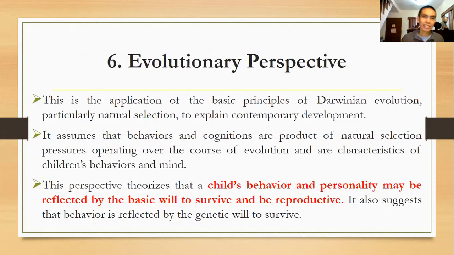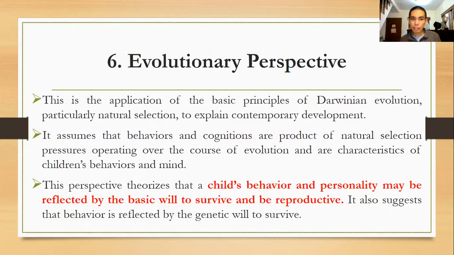And the sixth theory is the evolutionary perspective. This is the application of the basic principles of Darwinian evolution, particularly natural selection, to explain contemporary development. It assumes that behaviors and cognitions are products of natural selection pressures operating over the course of evolution, and are characteristic of children's behavior and mind.